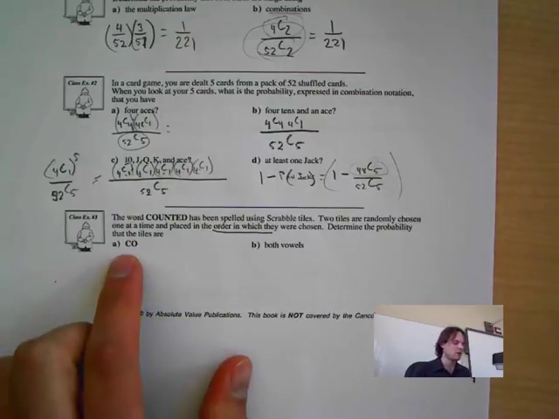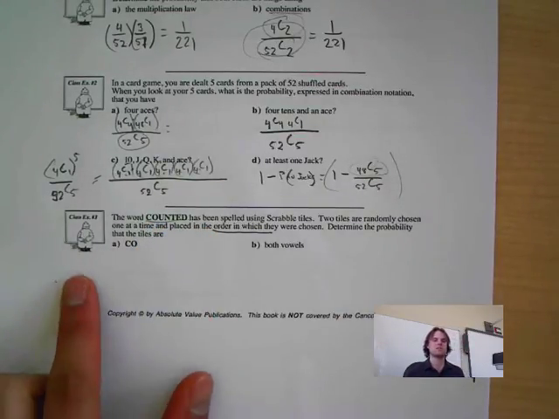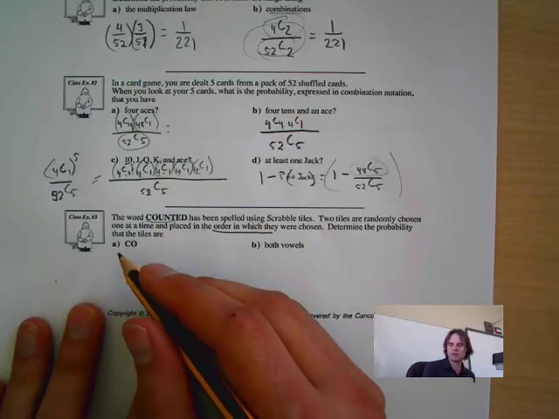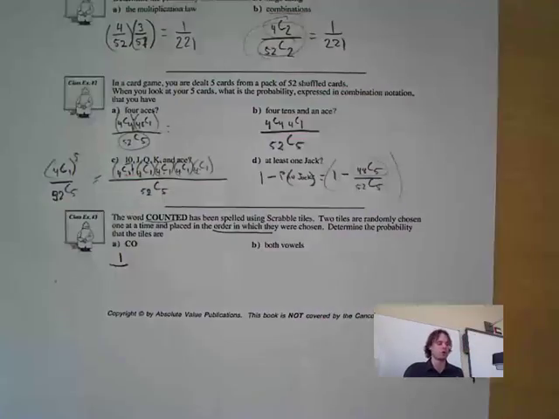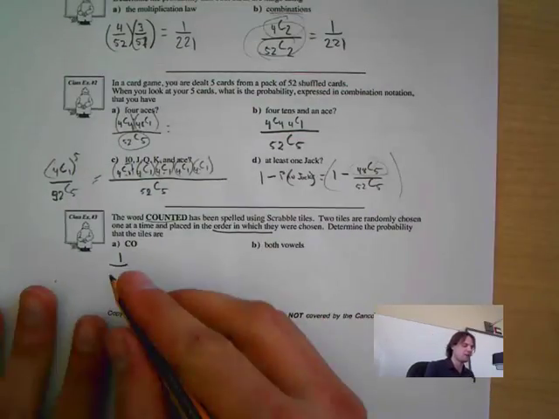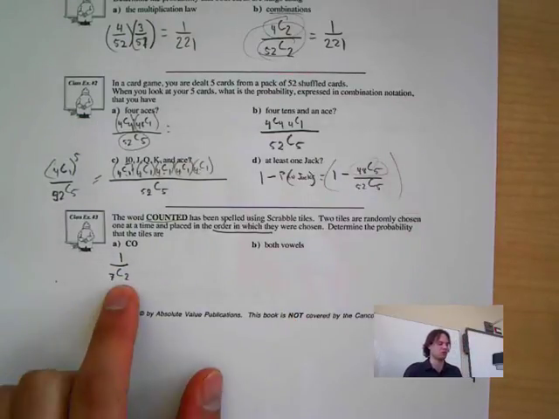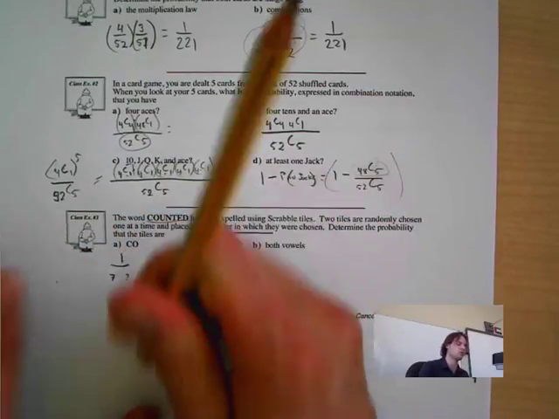This next one here, it says, placed in the order in which they were chosen. So we want to know if the first 2 letters, so there are 7 altogether here, were C and O. Well, if I take a look at that, C and O, there's only one way it could happen, C and then O. Order matters. And that's all over 7, and we want the first 2, not combination, sorry, it's pick 2, because order matters, right?